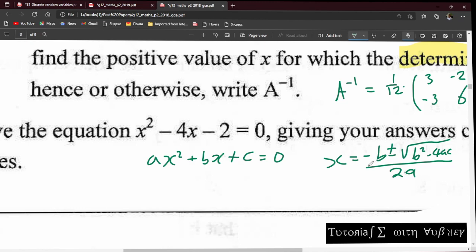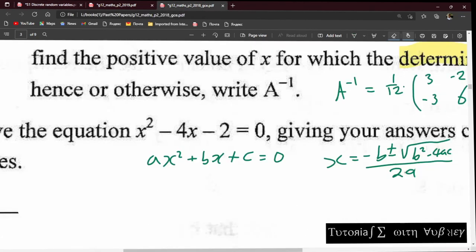This division sign applies to both the -b and the discriminant part here. You divide by 2 later. So first of all, you start working with the numerator. Then after you have a simplified form on the numerator, you go and work with the denominator.